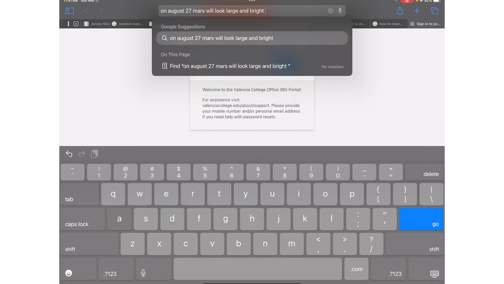Okay, so I'm typing in this statement and see what comes up.